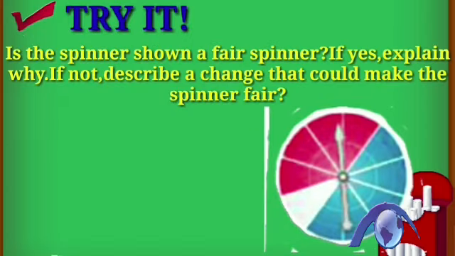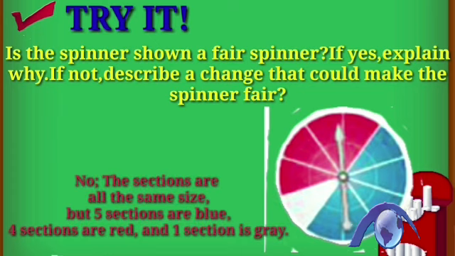Let's try it. Is the spinner shown a fair spinner? If yes, explain why. If not, describe a change that could make the spinner fair. The spinner is not fair.